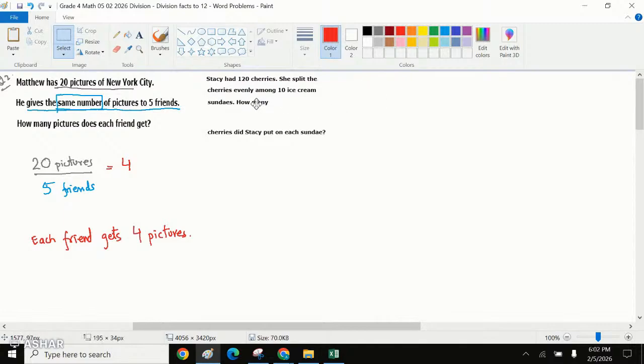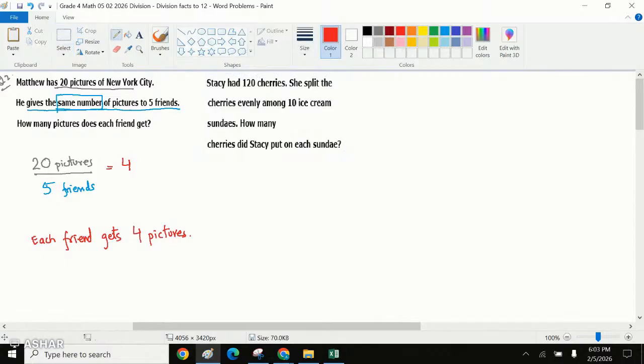How many cherries did Stacy put in each sundae? Question number 3. Stacy has a total of 120 cherries. She split the cherries evenly among 10 ice cream sundaes.